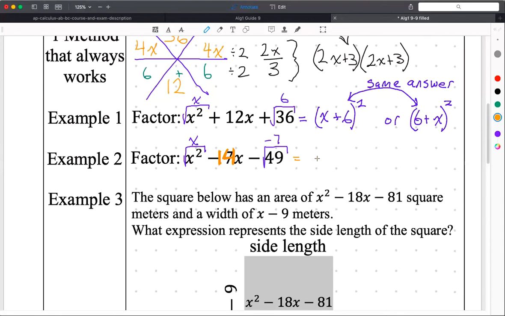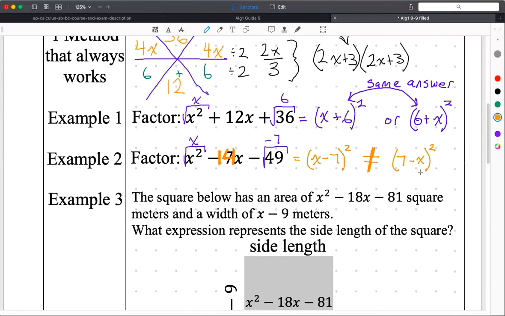Would it be x minus 7, parentheses squared? Yeah, exactly. Done. So I do want to point out one thing about this problem, which is interesting to compare the two problems. This is not equal to 7 minus x quantity squared.